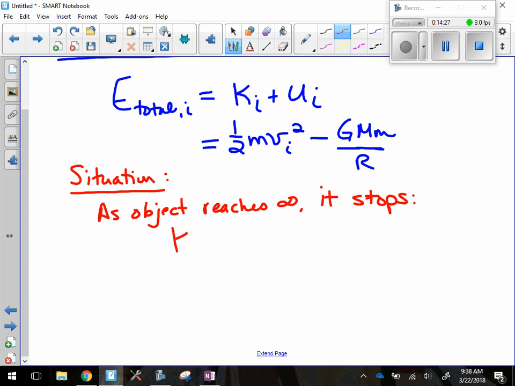So that means that my K final is equal to what? 0. And if my R is infinity, what's my U final? Also 0, right? Because when R gets really, really big, that UG gets really, really small.